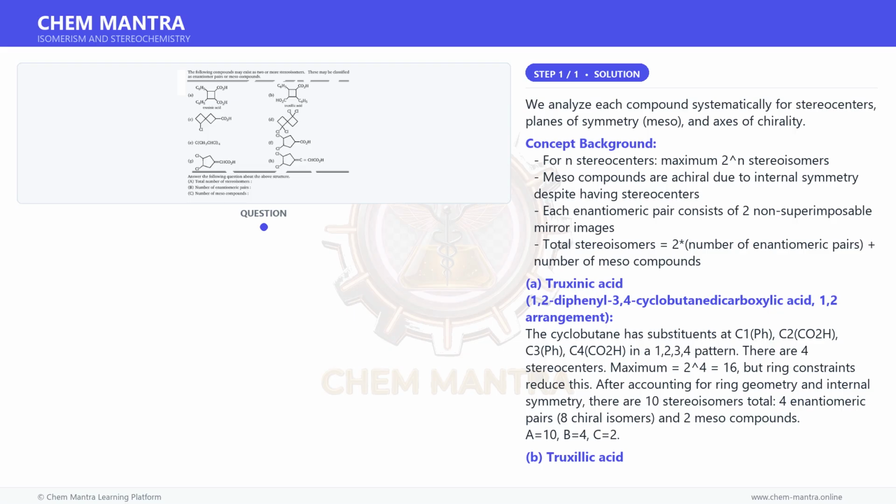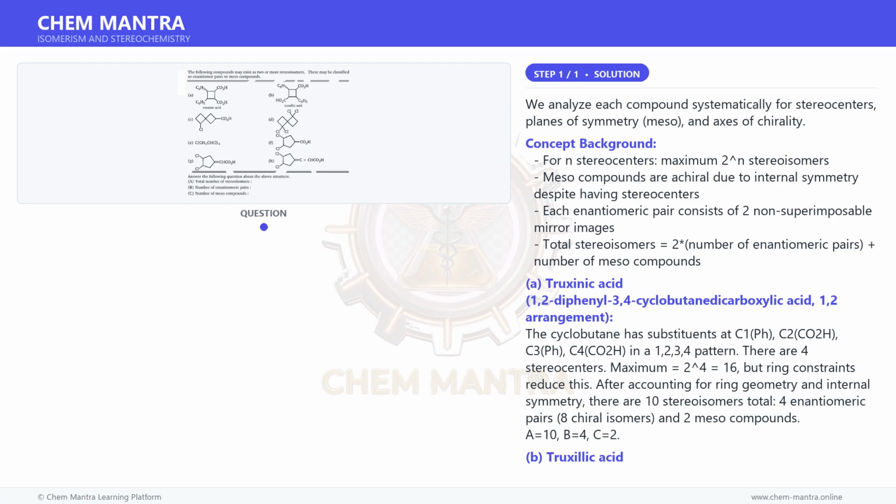F. 1,2-dichloro-4-carboxycyclopentane. 3 stereocenters, C1 Cl, C2 Cl, C4 CO2H. C1 and C2 are related by ring symmetry. Maximum is 2^3 = 8, but symmetry reduces this.